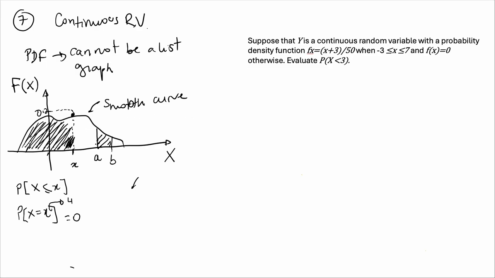So that's why, if we want to find the probability, we have to use a range. So the probability of x being bigger than A and less than B, right, is the area between A and B. Okay, so it's this area here.